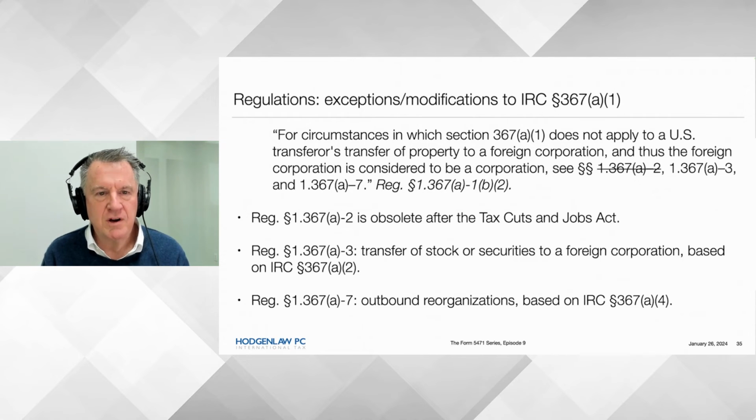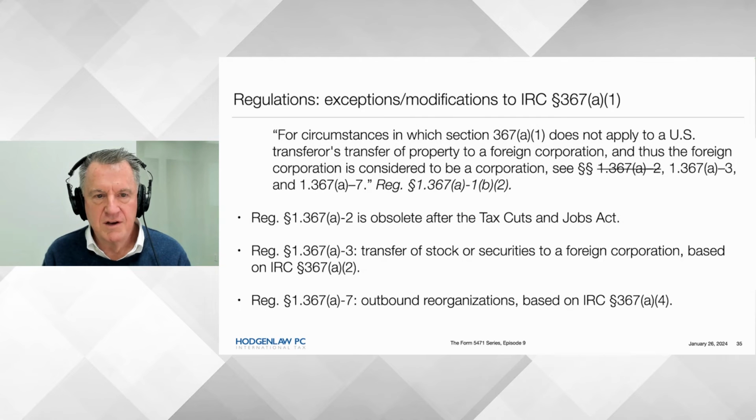So -2 is gone because of the Tax Cuts and Jobs Act. The underlying code section that -2 was written about is gone. They haven't updated the regulations yet. -3 is transfer of stock or securities to a foreign corporation, and that's tied to Section 367(a)(2). So we're still within Section 367A, which is the outbound transfers, but it's a different code section.